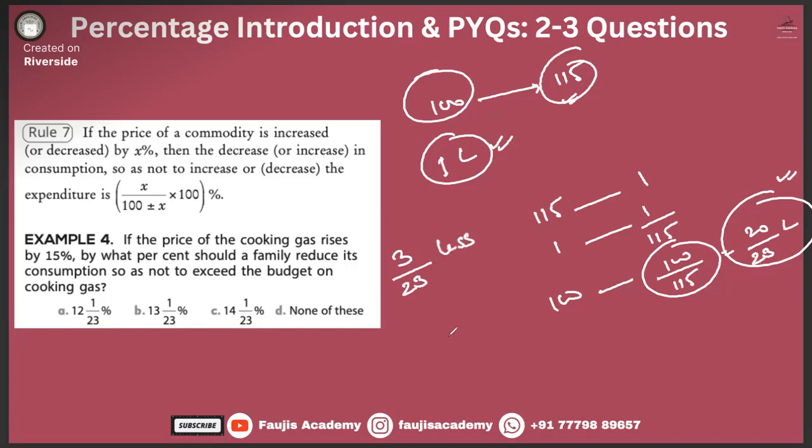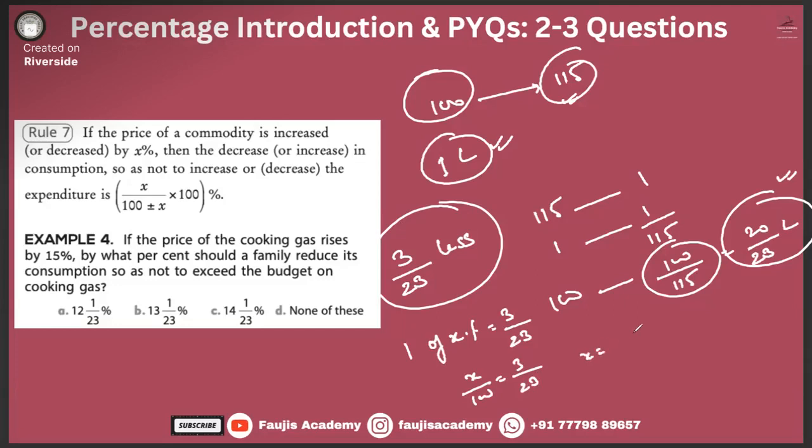And this 3 by 23 liters less you are buying, so this is how much percentage of 1 liter? 1 of X percentage is 3 by 23. That means X by 100 is equal to 3 by 23.